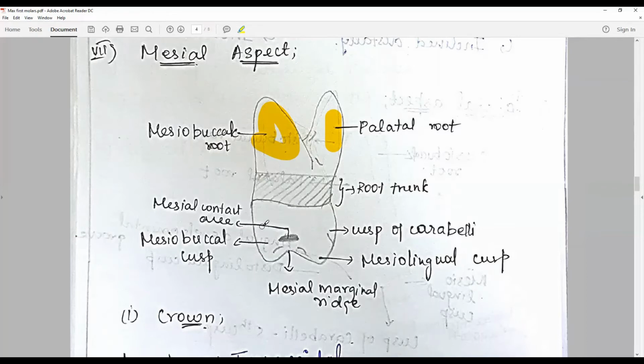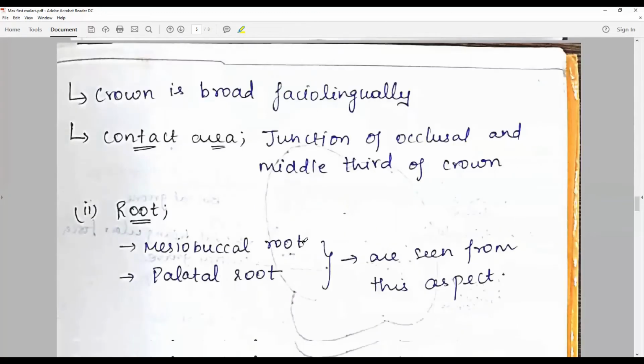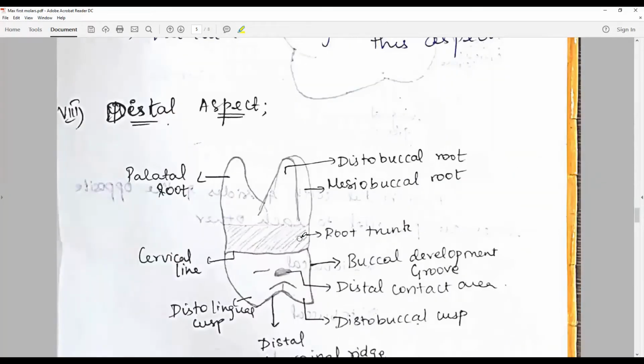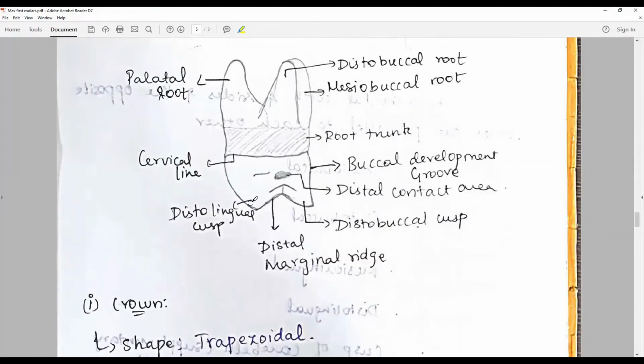The occlusal half of the surface is convex, but a buccolingual flattening is also seen. Distal aspect is more or less the mesial surface, but less in dimension, less pronounced. In the occlusal, you see your distolingual and distobuccal cusp. Otherwise, it is the same.